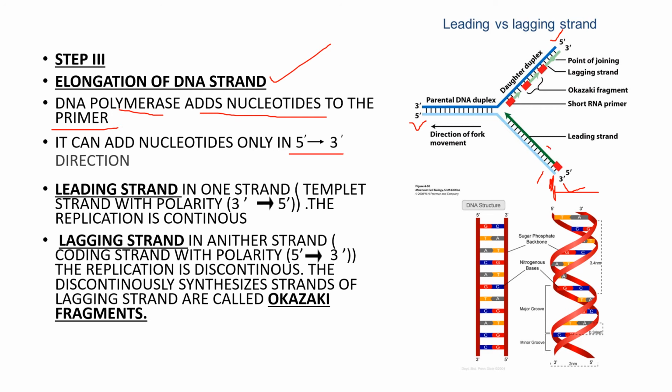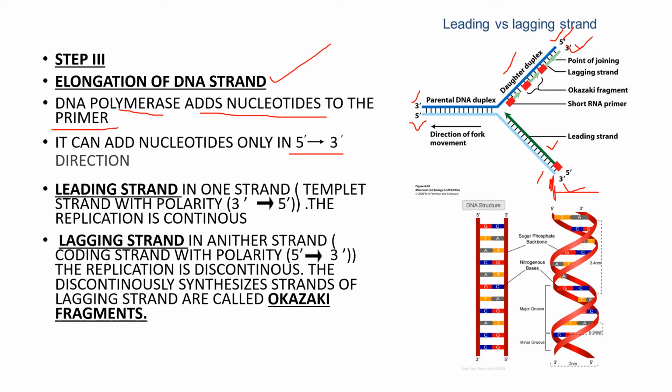That means the newly synthesized strand will have 5' to 3' polarity here. Then if you take this template strand, its polarity is 5' to 3'. And the newly synthesized strand on this template will have the opposite polarity, that is 3' to 5'.